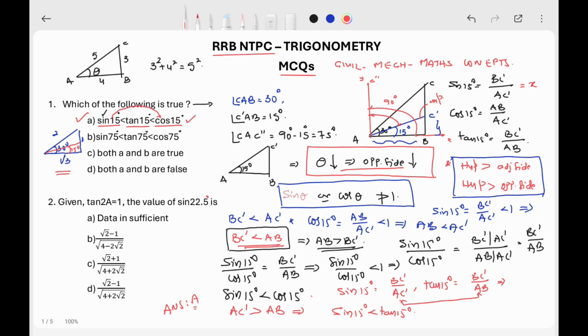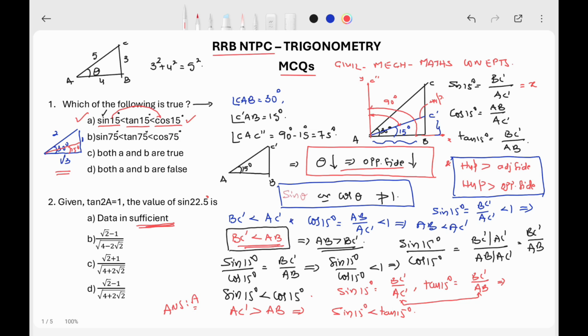Where this a is gone? And how can I relate 2a with 22.5 degree? What is that relation? Until and unless you understand that relation, you will go with the answer of data insufficient. That's not the correct answer.